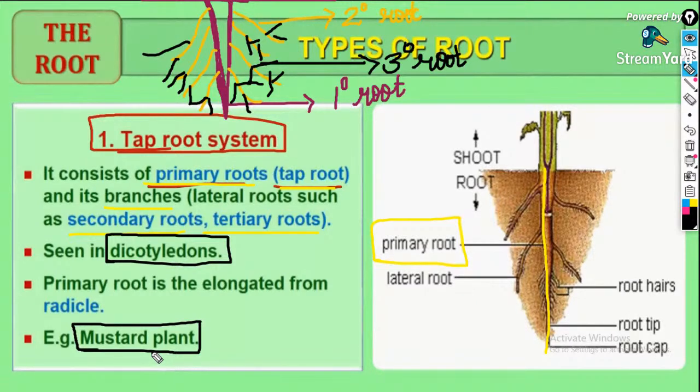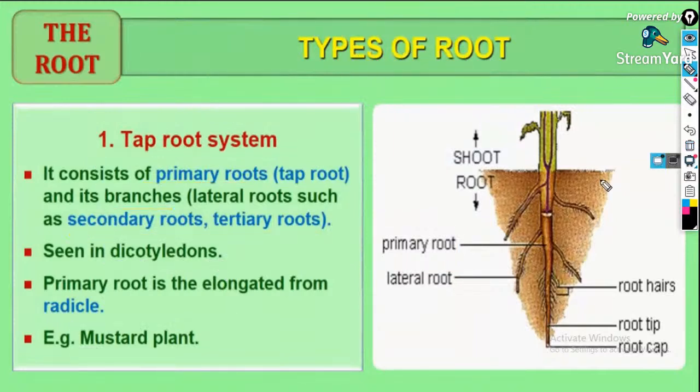So take that space and write all these examples together. You have to write that the taproot system is a characteristic property of dicotyledonous plants, and an example for a dicot plant is the mustard plant. Not only mustard, but here it is mustard.